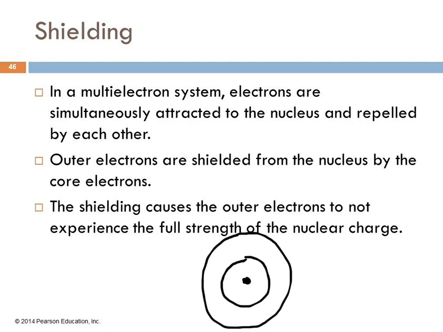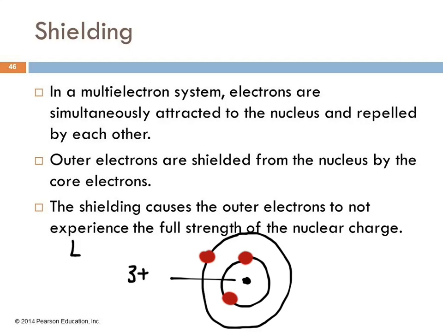Let's make our electrons red. Okay, so let's make this be lithium. Lithium has 2 electrons in the first level and 1 in the second level. And inside here, we've got a 3+ charge.